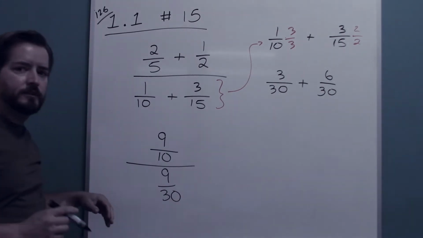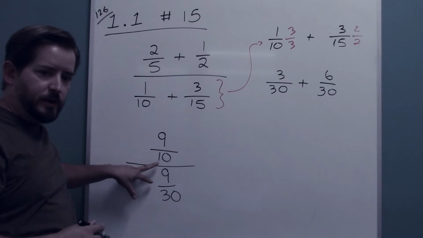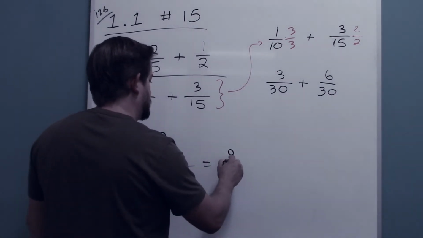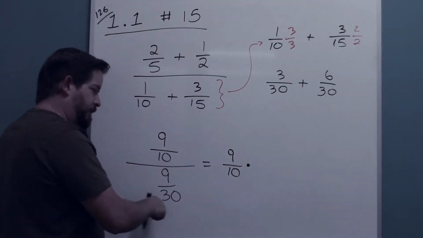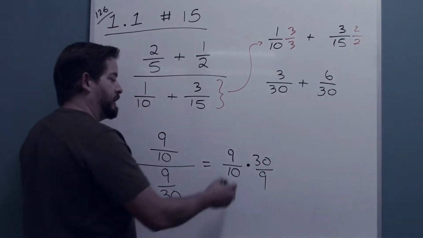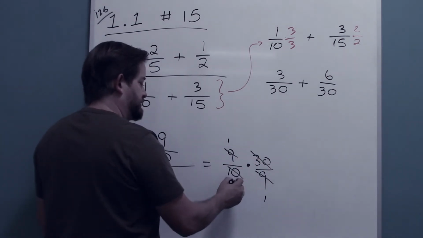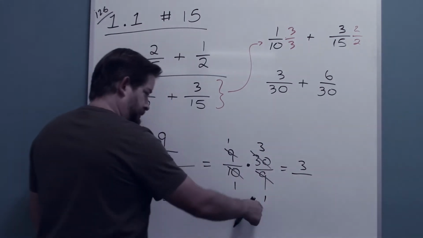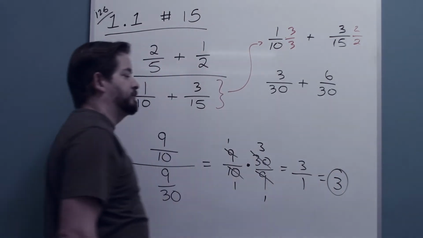The reason that's helpful now is because I have a fraction divided by a fraction, and when I have that, I can take that bottom fraction and simply flip it and turn this into a multiplication. The top stays the same, the bottom turns into 30 over 9 as a multiply, and then I can simplify. 9 and 9 cancel, leaving just 1s. 30 and 10 cancel, leaving just a 3 up there, so I have a 3. 1 times 1 in the denominator is 1, and so I should just get a 3 when I simplify.